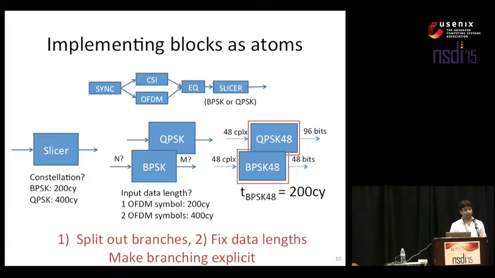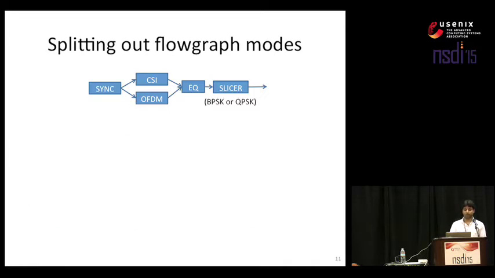Now that we have converted blocks into atoms, let's see how we can assemble a data flow graph also as an atom. But before I go there, let me point out that the principle of splitting out branches applies at the flow graph level as well. The objective is for the flow graph to be implemented as an atom, which means it should run a fixed set of instructions. But a flow graph that can run in multiple modes cannot be implemented as an atom yet.